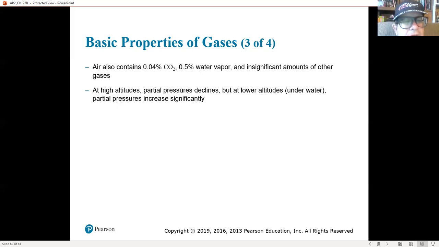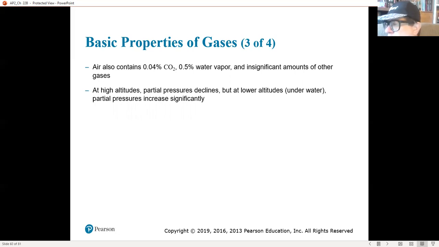Anyway, so air is about 0.4% of carbon dioxide and 0.5% of water vapor. And at high altitudes, the partial pressure goes down, but at low altitudes underwater, partial pressure increases significantly. That's an understatement.